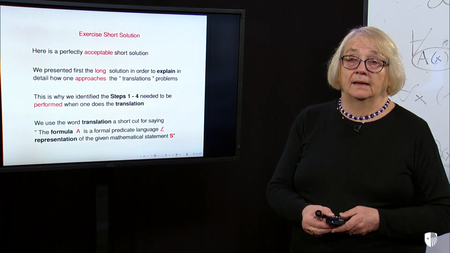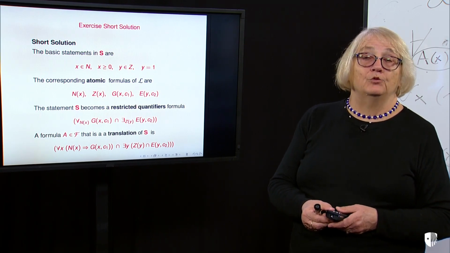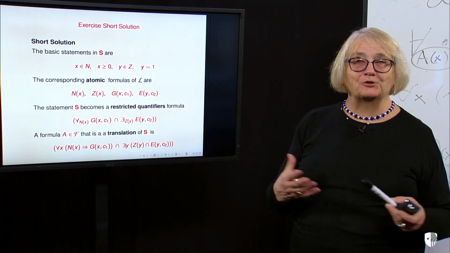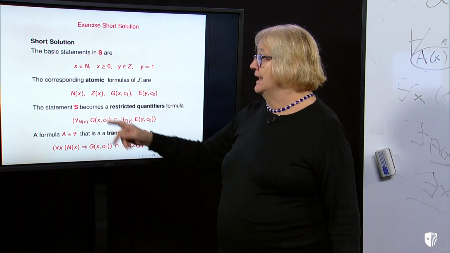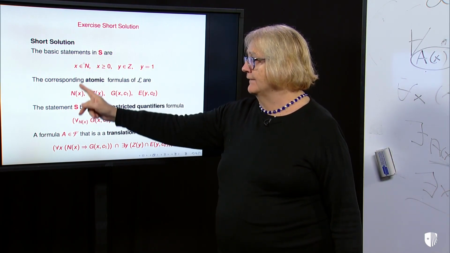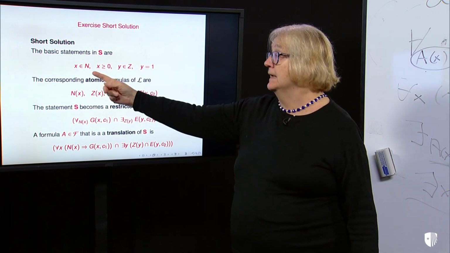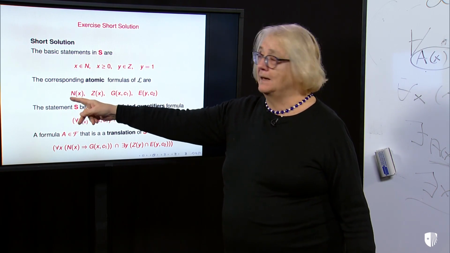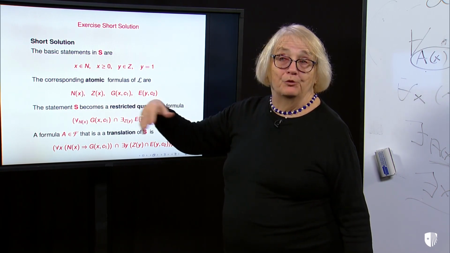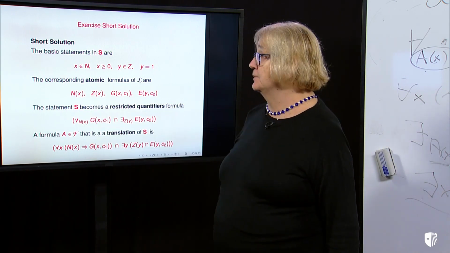And of course you can do the shortcuts, because shorthand is very useful. You have basic statements, and corresponding atomic formula: x in N is a mathematical statement. So that corresponds, you write N x for natural numbers.